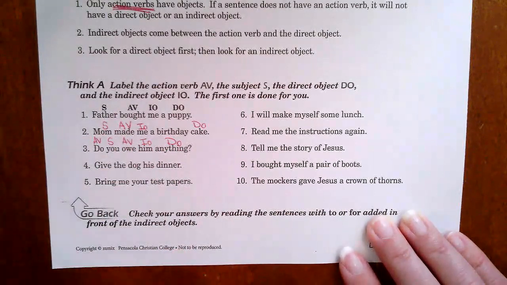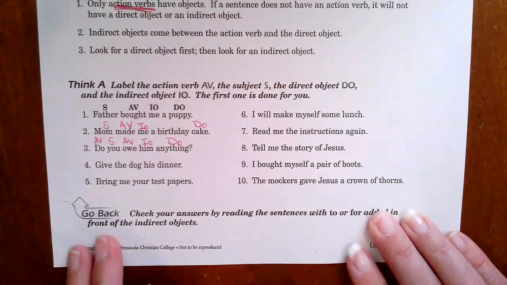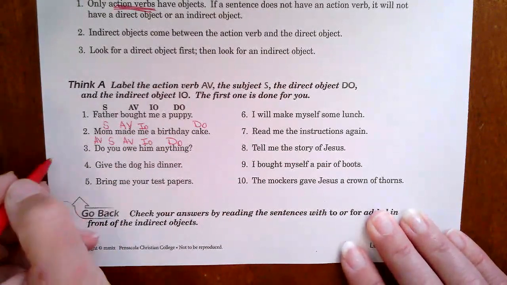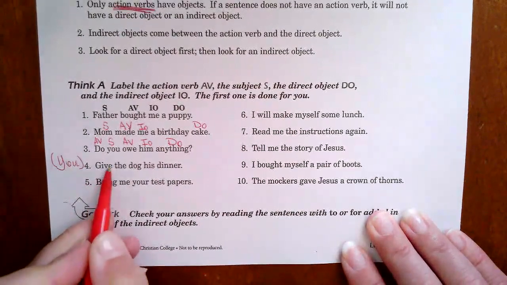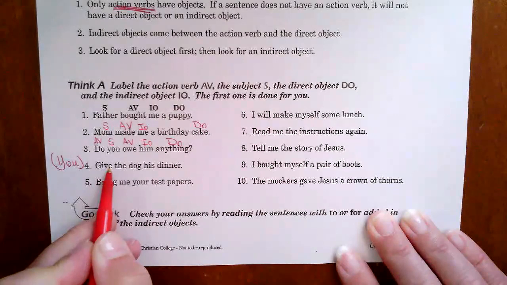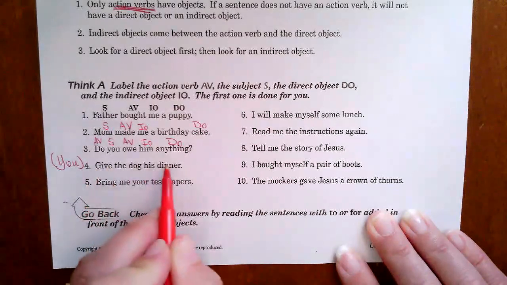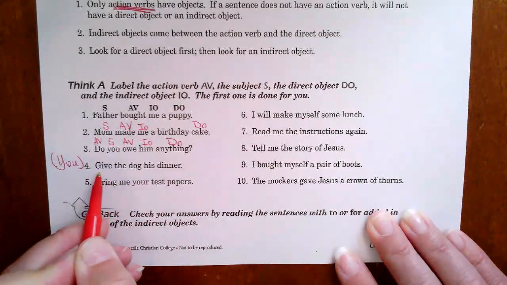Number 4, give the dog his dinner. What's the subject of this sentence? Who's doing this? Remember this, boys and girls. When your first word is a verb and this is an imperative, you're being told to do something, that is a huge time for you to stop and look.